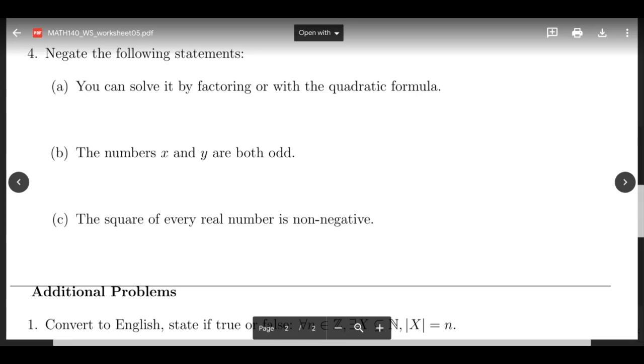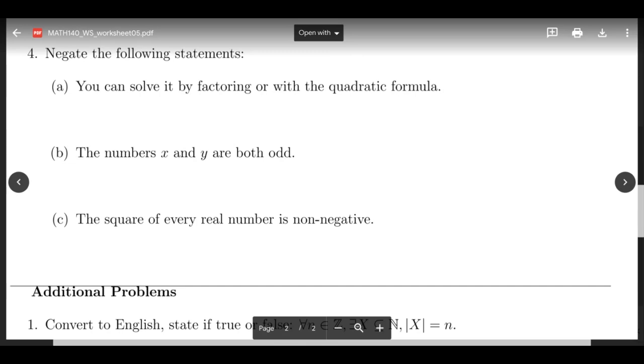Remember, how do we negate all? When we negate all or every, that becomes there is, or there's some, or there are some. So when we negate for all or for every, we use there is.